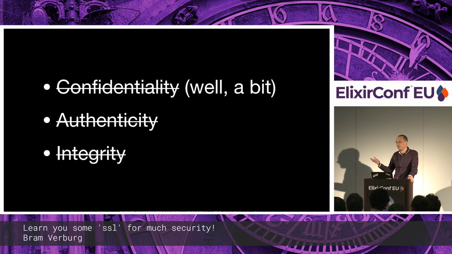For example, imagine you're creating a mix task to pull the hex public key from the hex server, so https://hex.pm/docs/public_key. That's where the hex public key resides that is used to verify the contents of a hex package, the signature on the hex package. If you're retrieving that public key over a connection that's not authenticated and not integrity protected, who knows what public key you're actually retrieving?